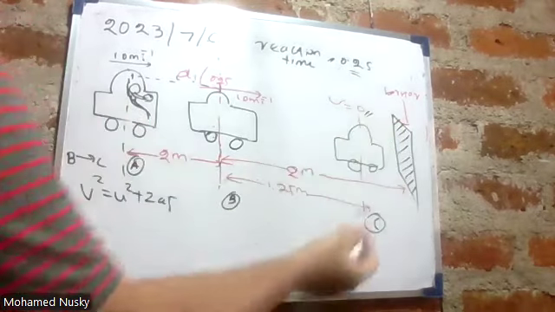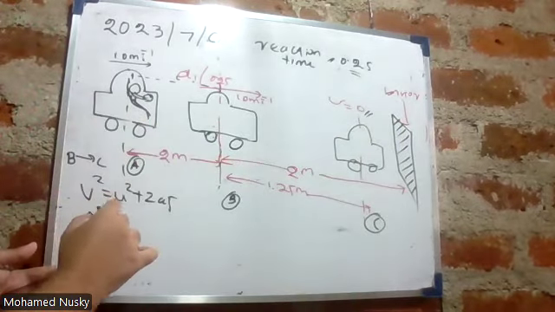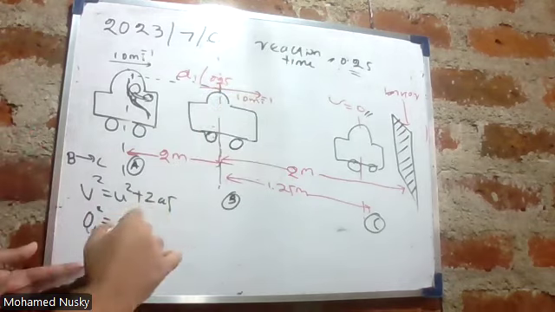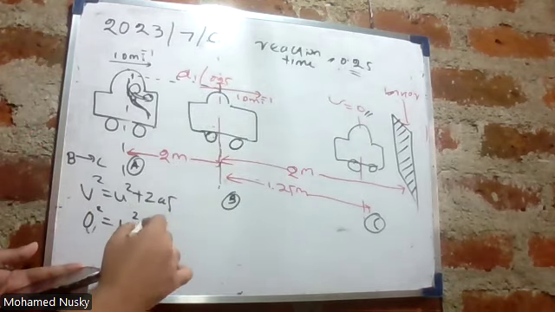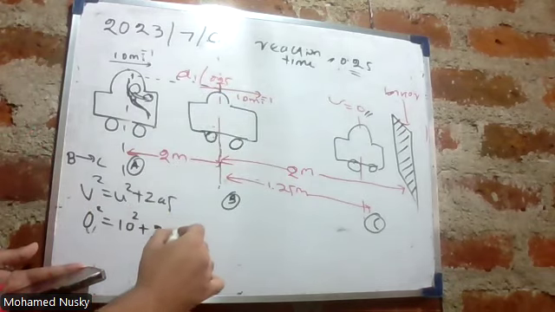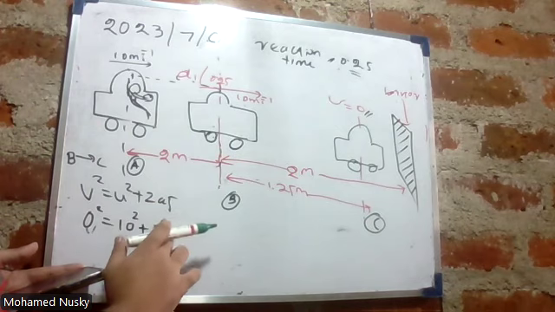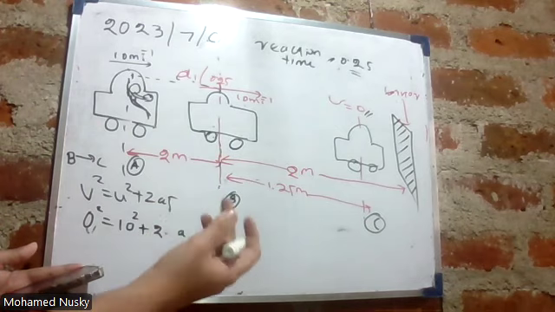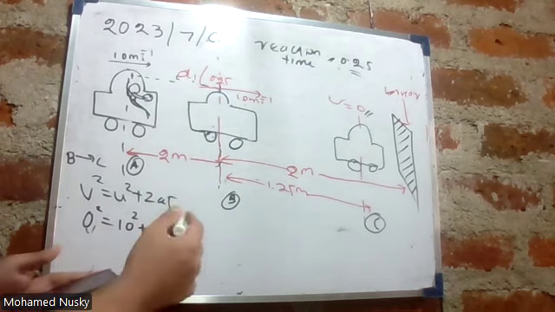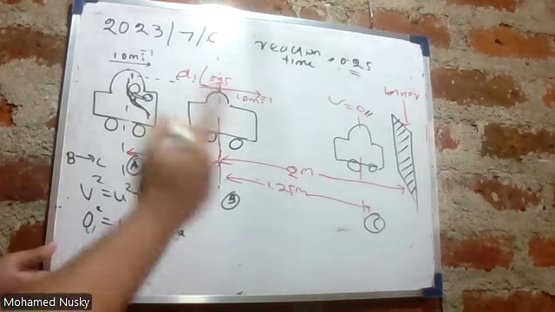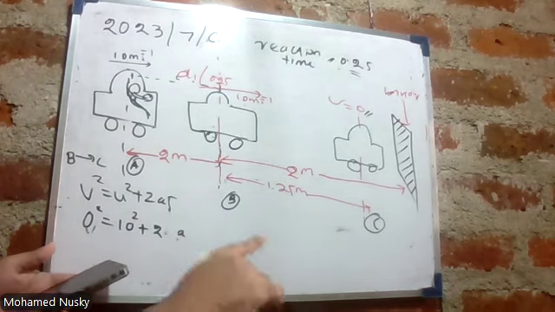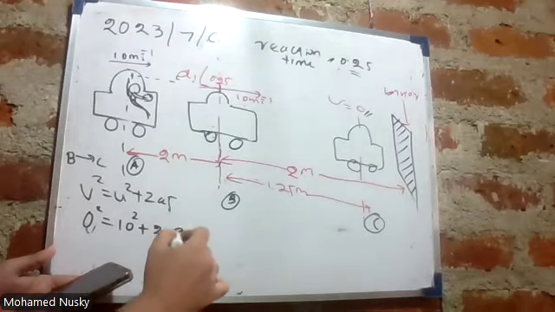What is the final velocity? That is 0 squared. Initial velocity is 10 squared plus 2 into a. I don't know whether this is decelerating or accelerating. I'm just going to find this a. In the final answer, I will get whether it is plus or minus. So let me put it as a.